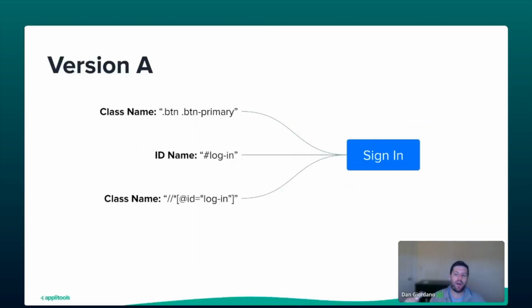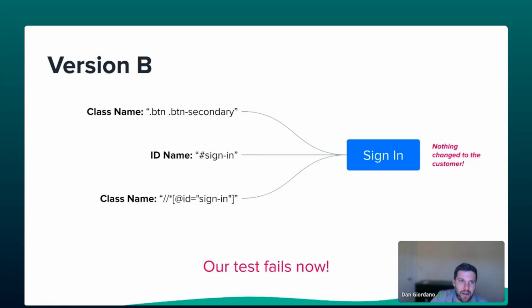And you can see here, version A, we have the sign in button. It's got a couple of different class names, XPath, ID names. It all builds this button that says sign in. Well, we can change this completely as a dev team with version B, change all the class names, change the ID names as they occur in the DOM, and nothing changes to the customer, right?